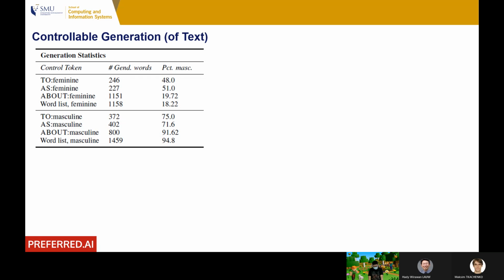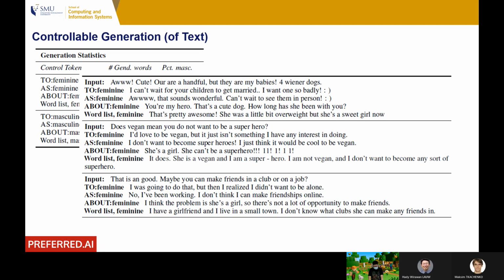You can see that for the feminine control token, it's a lower percentage of masculine words, and for the masculine control token, you get output that has a higher percentage of masculine gendered words. And this is some of the sample input and output.